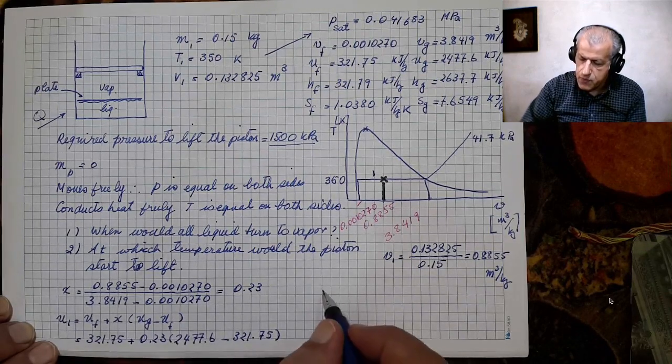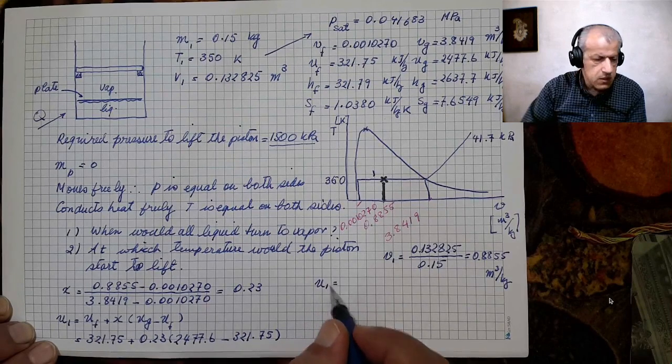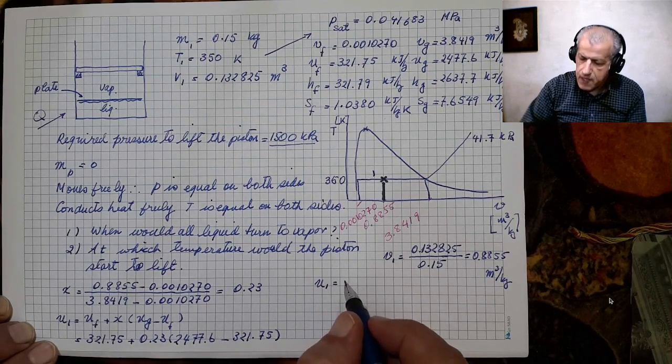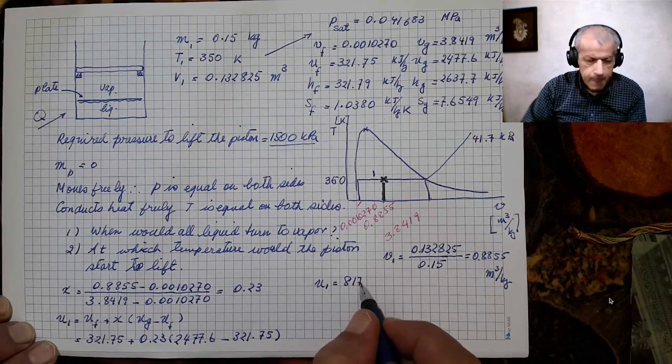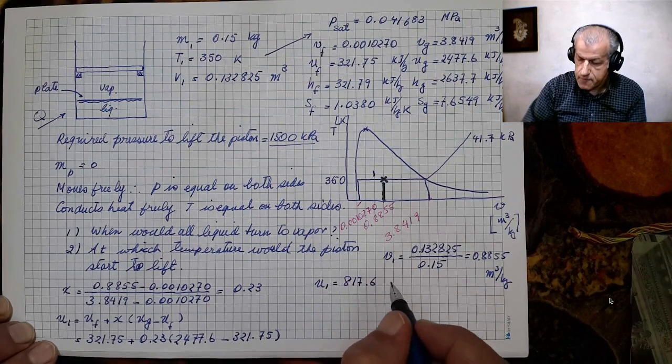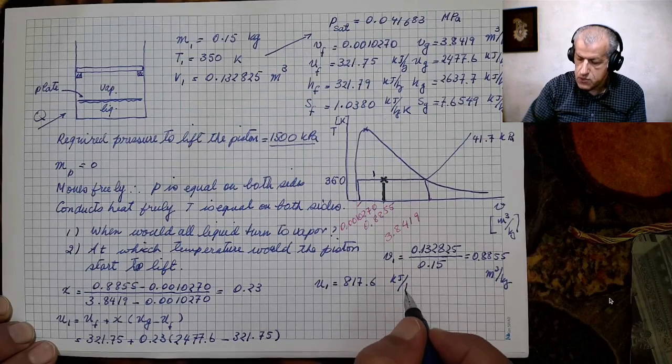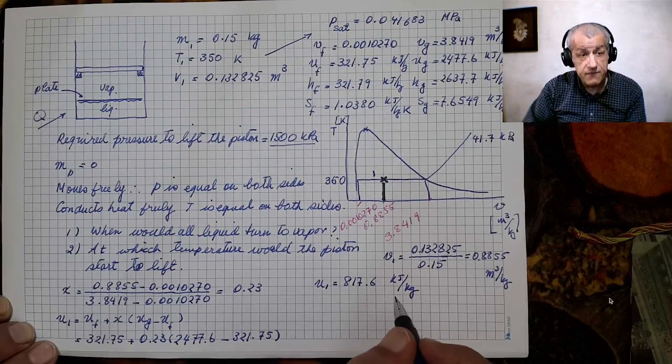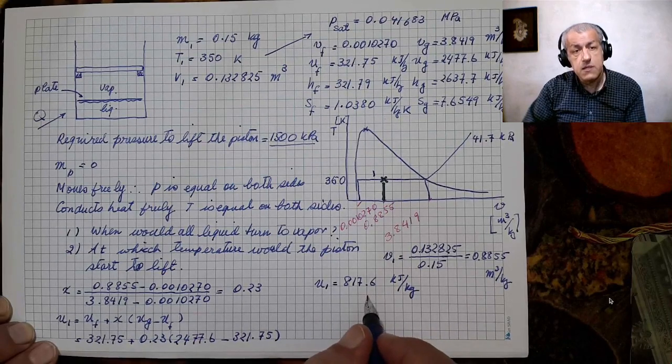And the outcome for U1 is, and the units is kilojoules per kilogram. We have to write down the units as well.